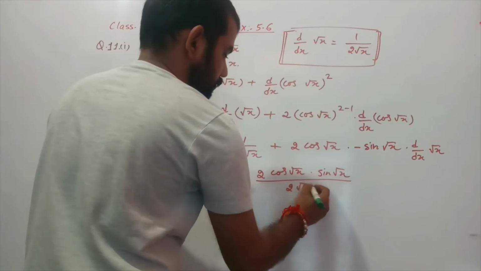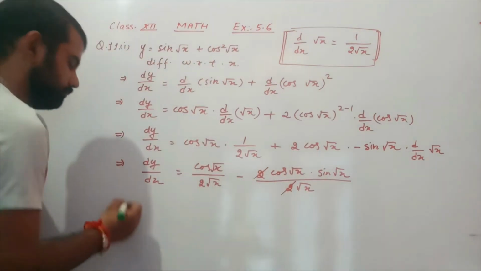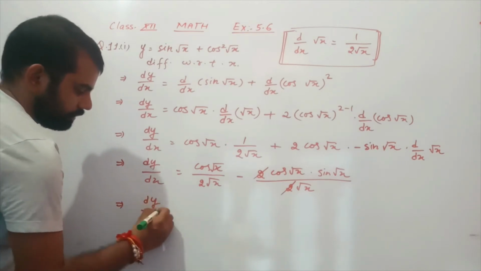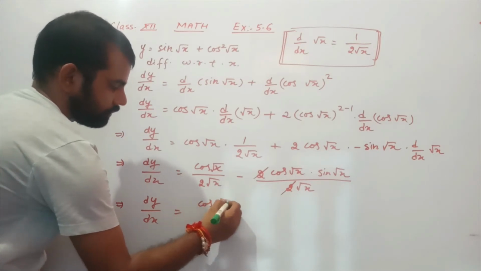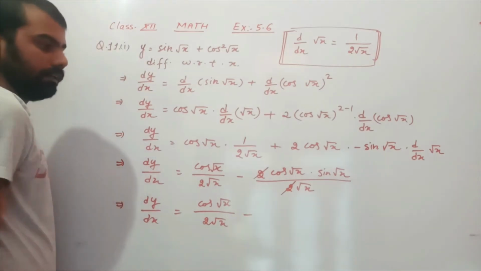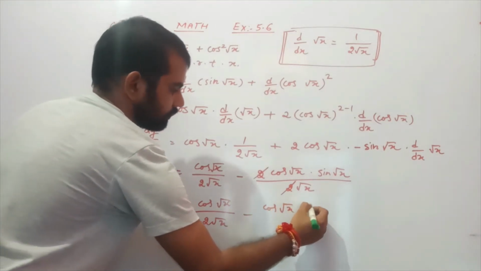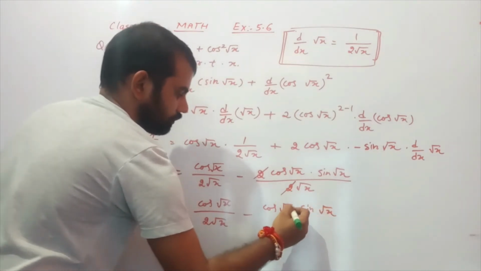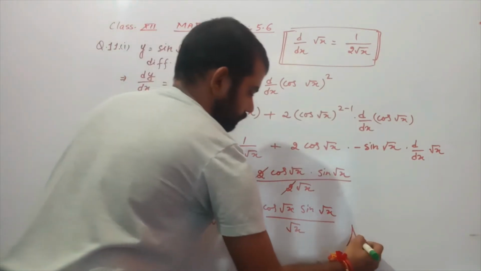The 2 cancels. This implies that dy by dx is equal to cos root x upon 2 root x minus cos root x sin root x upon root x. This is the answer.